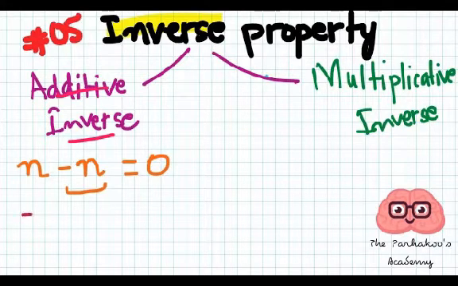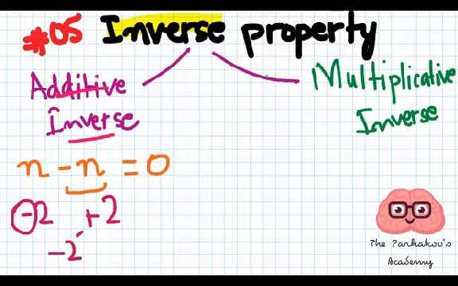If we have negative 2, then the opposite or the additive inverse would be 2, and the sign would be opposite, that would be plus. So when they are added together, it would give us 0. They would nullify each other. So these are additive inverses of each other.